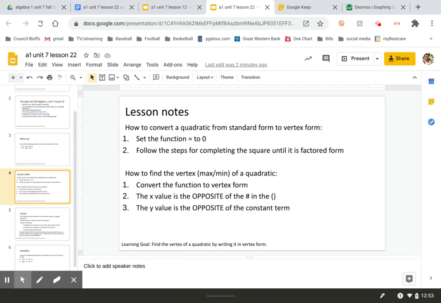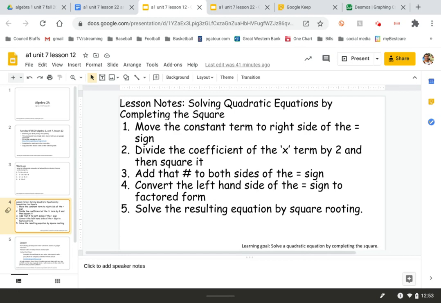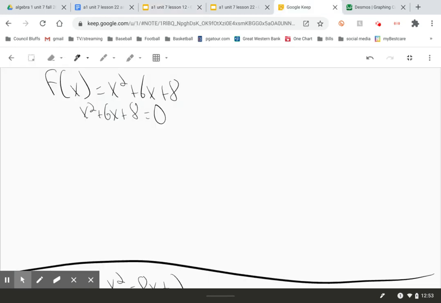So if you forgot from a couple of days ago, these are the steps for completing the square. We're going to basically do the first 4 steps. We're not actually going to solve it. We're going to rewrite it until it's in factored form. Okay? So remember, the first step was to move the constant term over to the right-hand side. So x squared plus 6x equals negative 8.